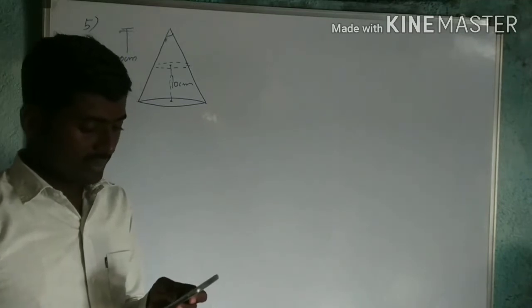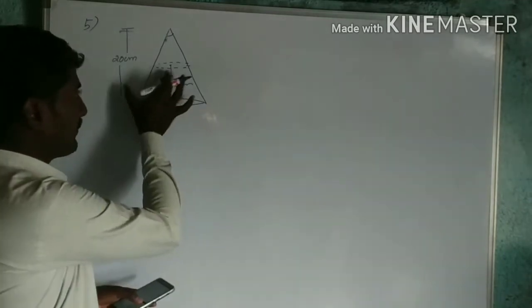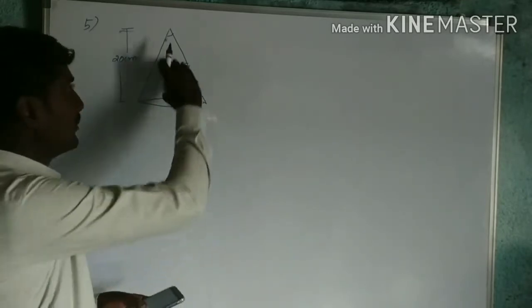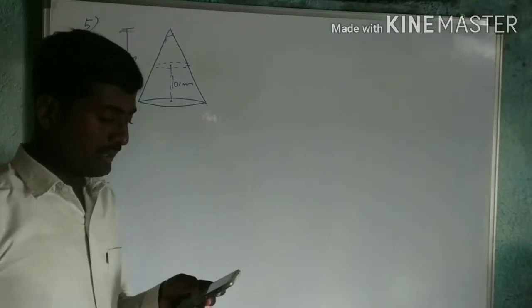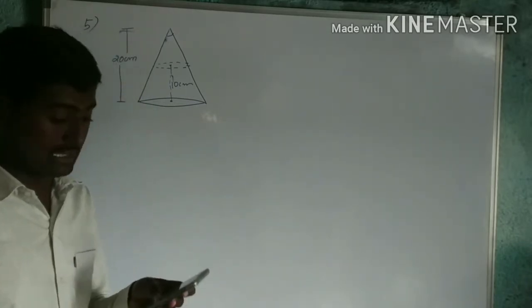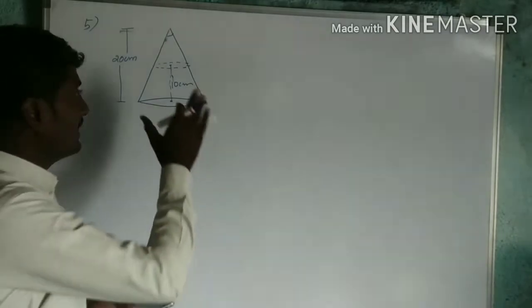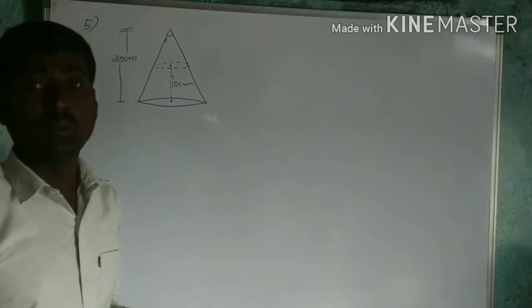Next, the frustum so obtained. Now we got the frustum. We remove this, so we will get one frustum. If the frustum so obtained is drawn into wire of diameter 1 by 16 centimeter, this frustum of cone can be converted into a wire.